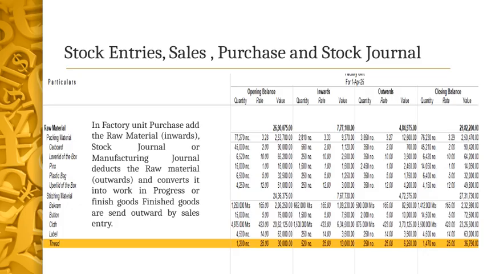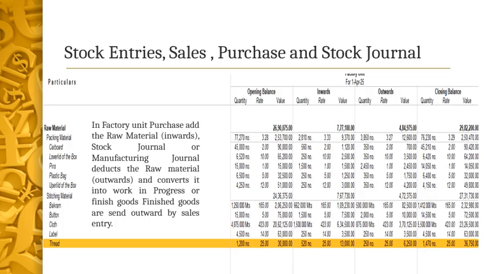Stock journal or manufacturing journal deducts the raw material outwards and converts it into work in progress or finished goods.